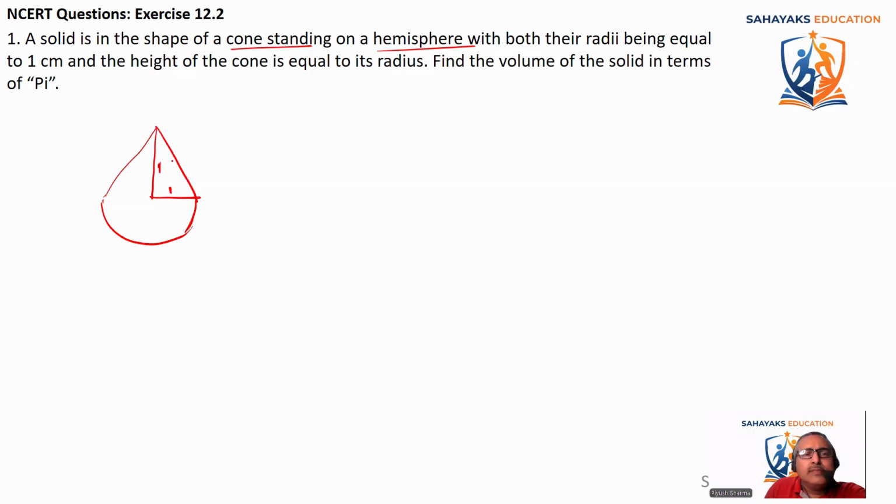So this is also 1. Find the volume of the solid in terms of pi.